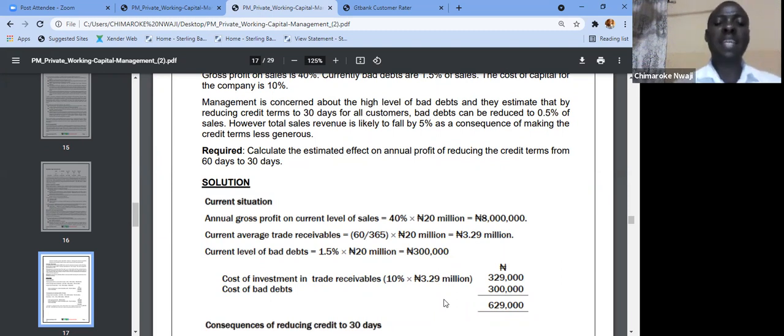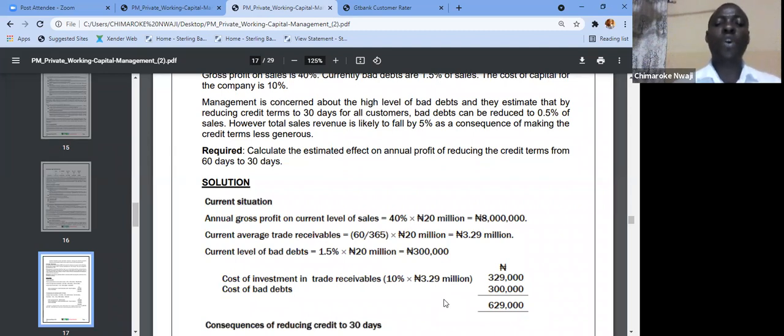Then your bad debt level, 1.5% of 20 million, it stands at 300,000. So we've seen gross profit 8 million, current debt is 3.29 million, bad debt is 300,000.